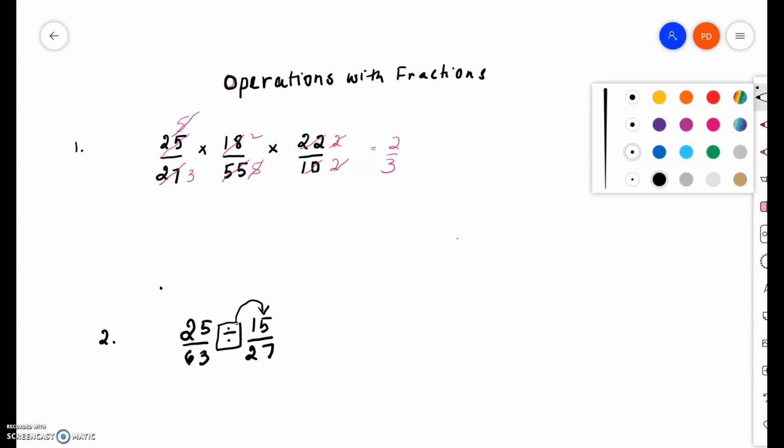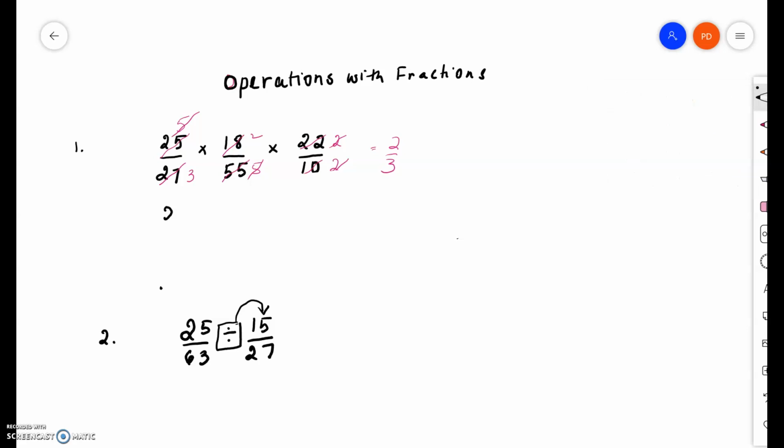We'll do some problems with fractions here. So when we multiply fractions, we have 25 over 27 times 18 over 55 times 22 over 10. Now let's look at 25 and 55.